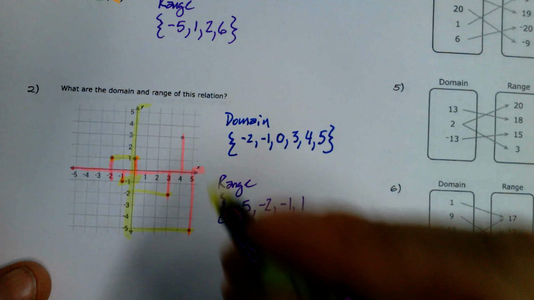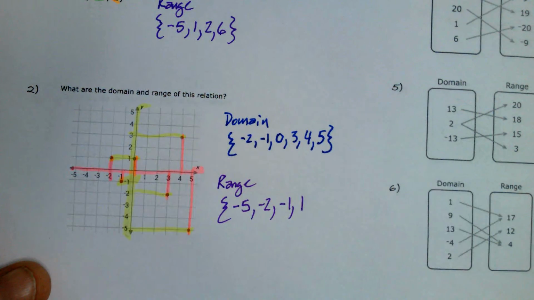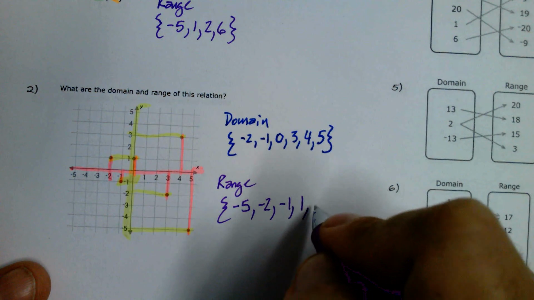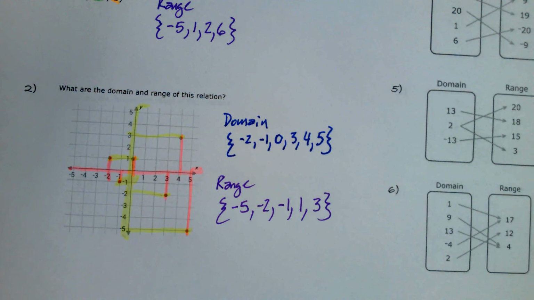And then there's one last point. 3. So there's our range. It's a pretty interesting looking design there.